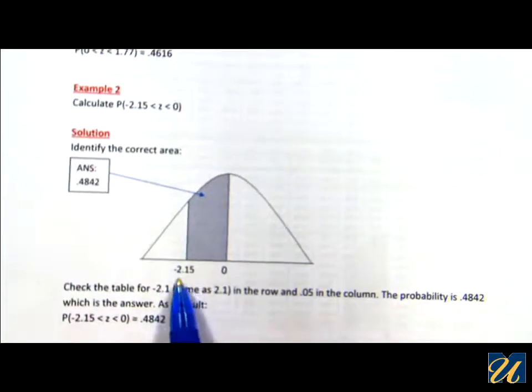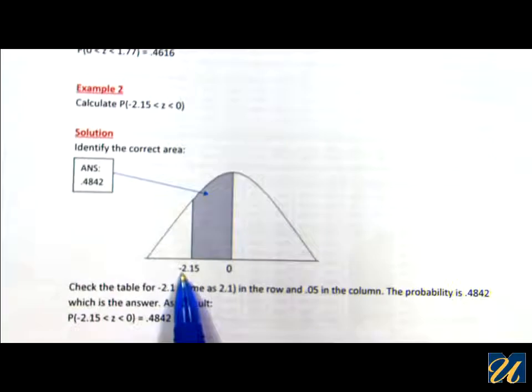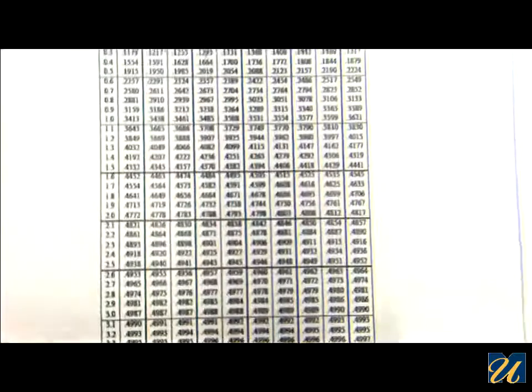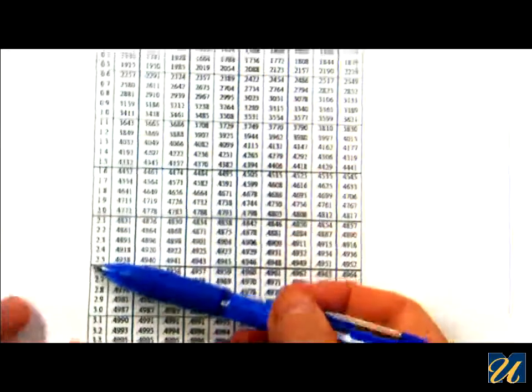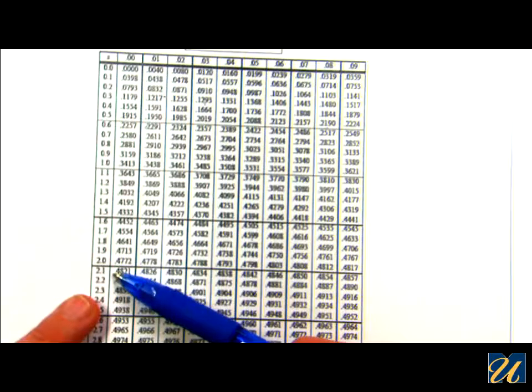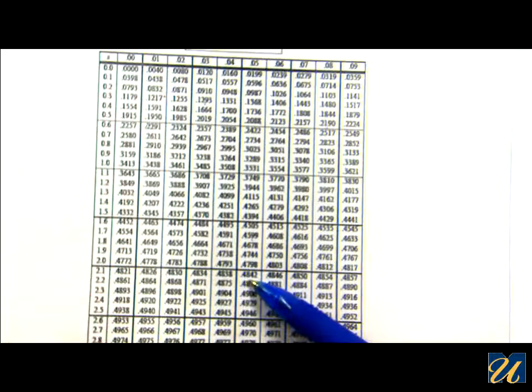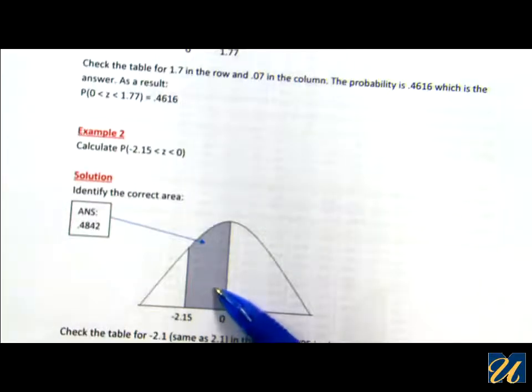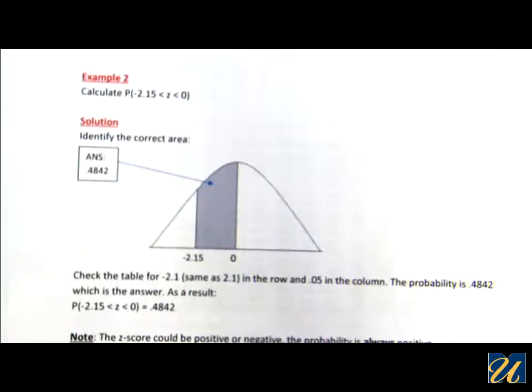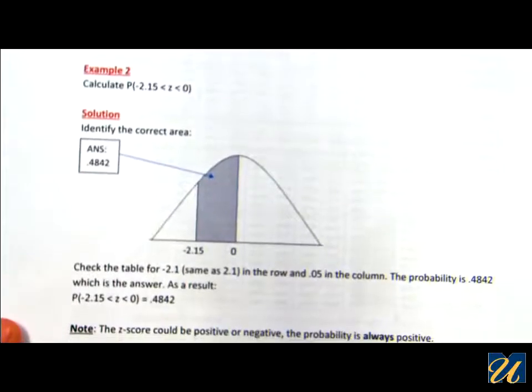You will take the absolute value of the z-score, 2.15, that is, 2.1, and then move across to 0.5: 0.4842. So 0.4842 is the area you're looking for, and therefore also the answer to the question.